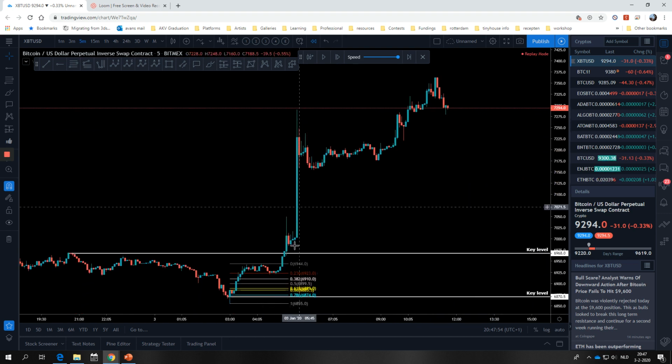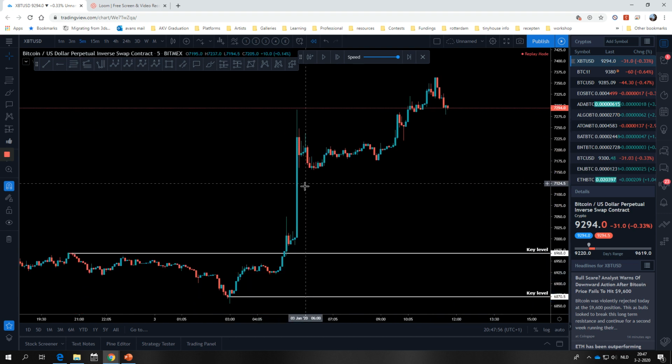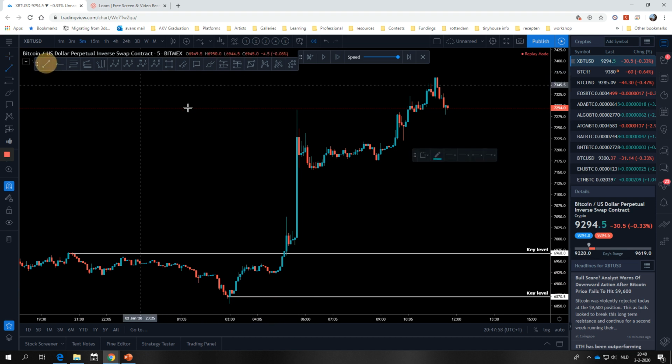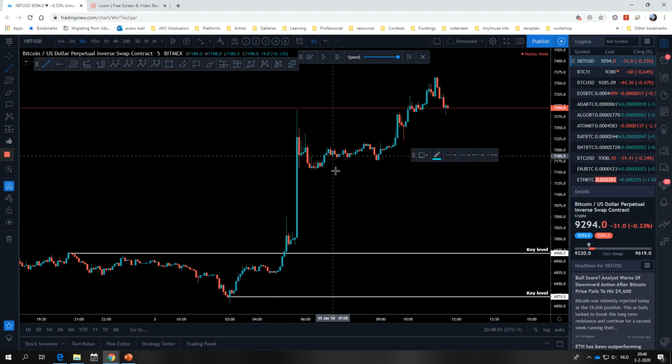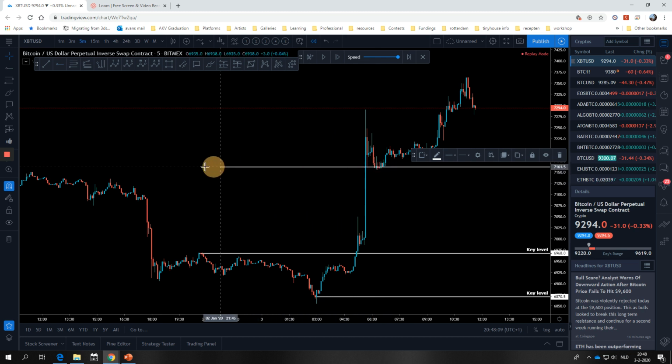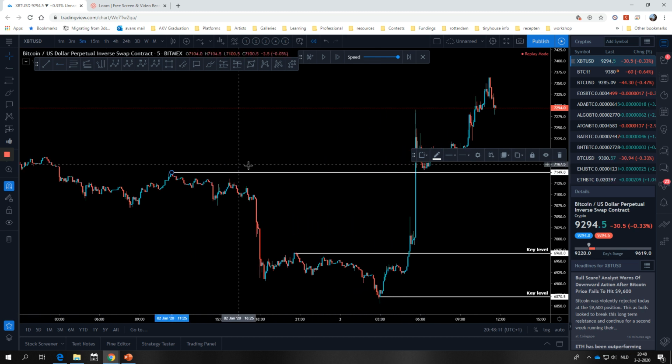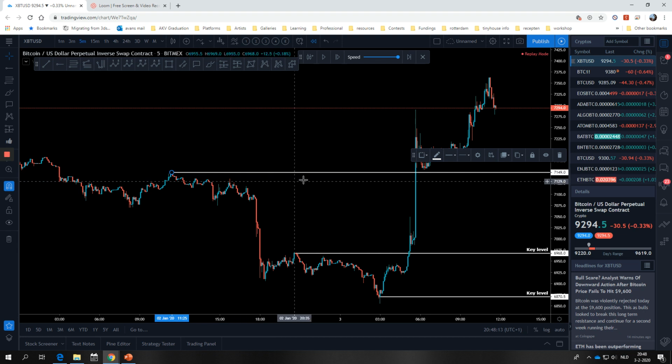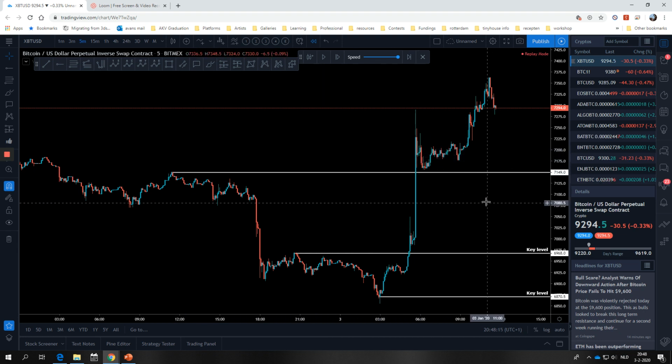So we've made a higher high, but we have never made a lower low, essentially maintaining the current trend. And you could even go as far as to say, okay, here we are finding support. And if you draw that back, it is essentially a support and resistance flip from here.